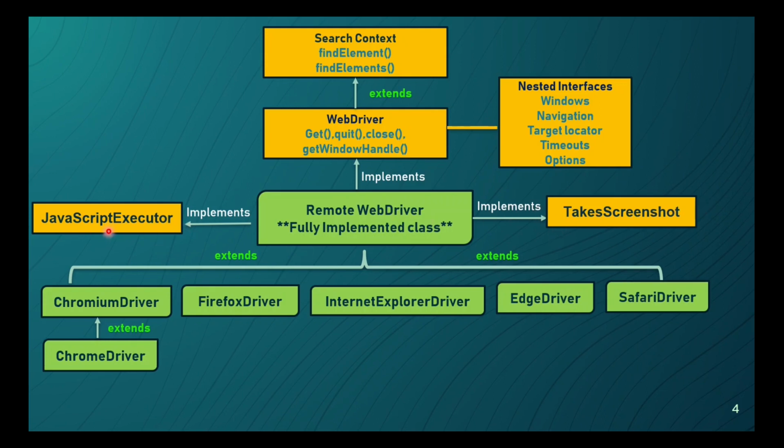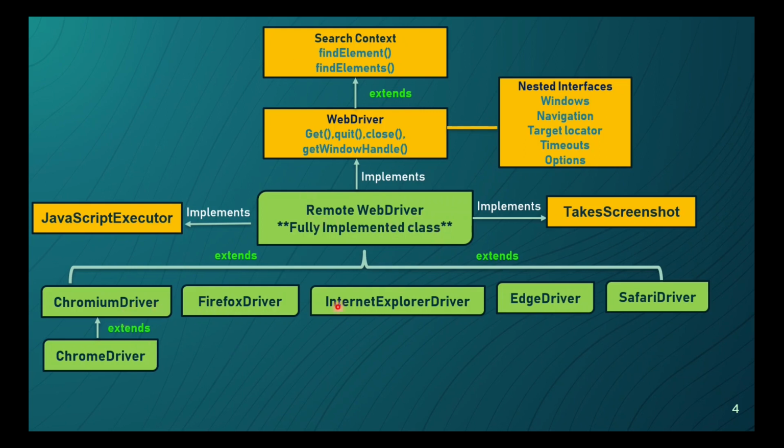Okay, so it implements these interfaces also, which have abstract methods of their own, and we can implement those abstract methods. So to conclude, we can say that the remote WebDriver is a fully implemented class which contains the abstract methods of the WebDriver interface, the search context interface, the take screenshot interface and the JavaScript executor. Okay, so this is about the remote WebDriver.